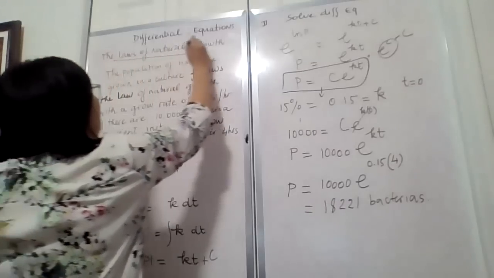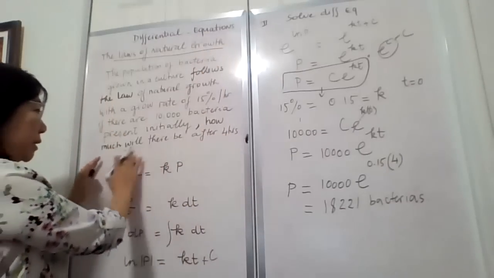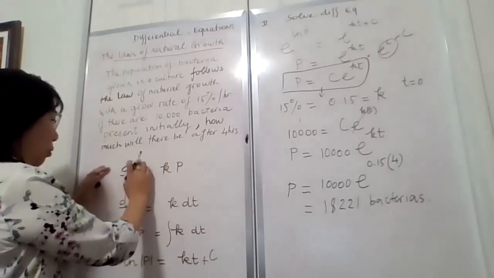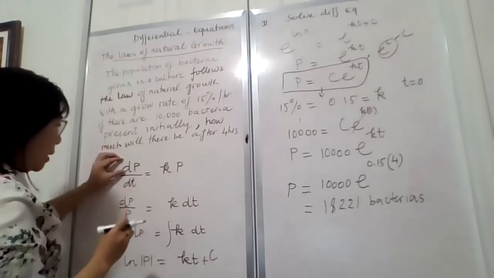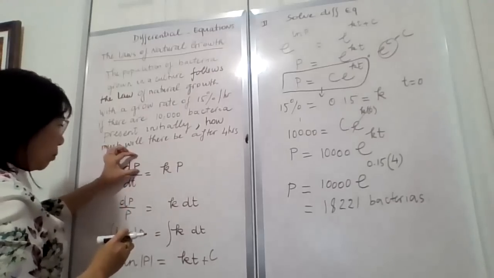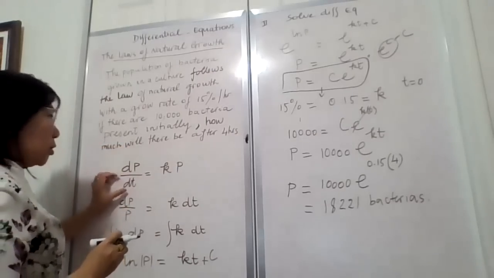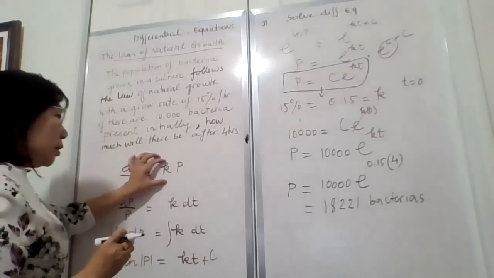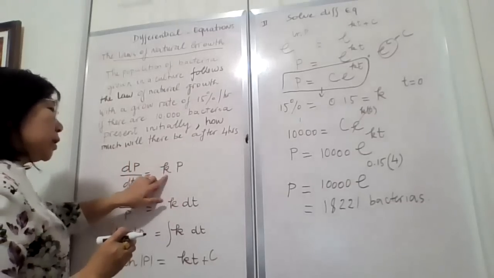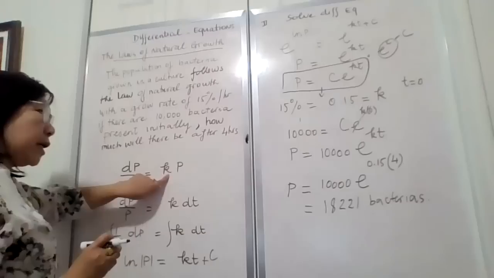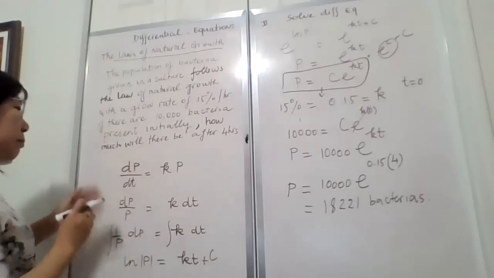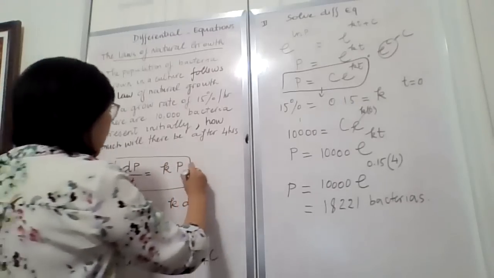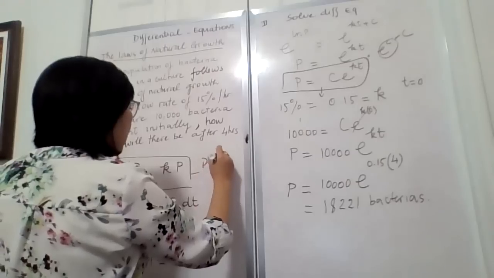We use common sense knowledge of proportional growth, right? So dP over dt is the derivative of the population with respect to time. The rate of change of this population equals the population times the rate of growth, k times P. But keep in mind that this is the derivative equation, right?